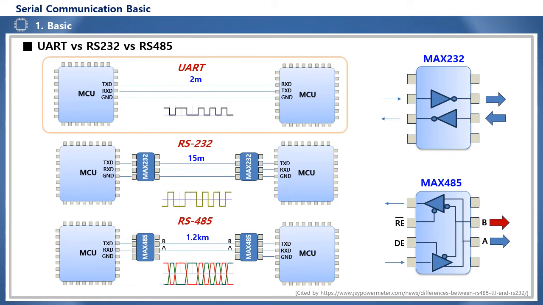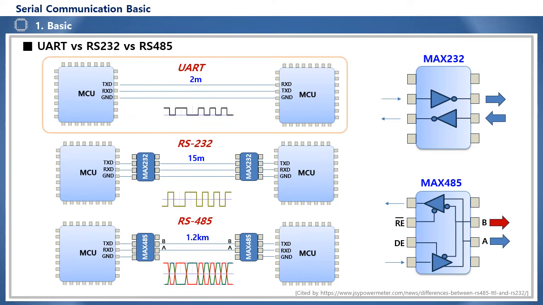It refers to the case where the main MCU and the MCU built into the device or sensor directly communicate serially. Here, if the voltage level of the two interconnected MCUs is 5 volts, it is called TTL, and if it is 3.3 volts or lower, it is called CMOS.